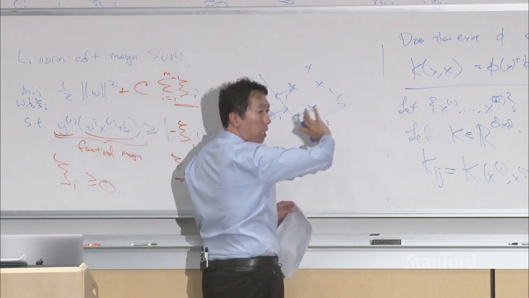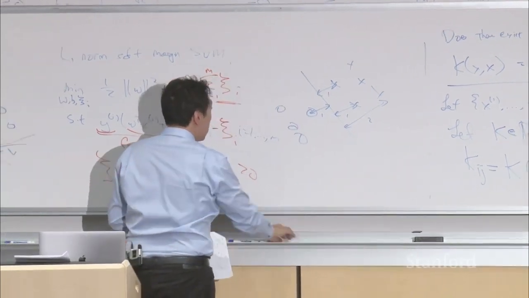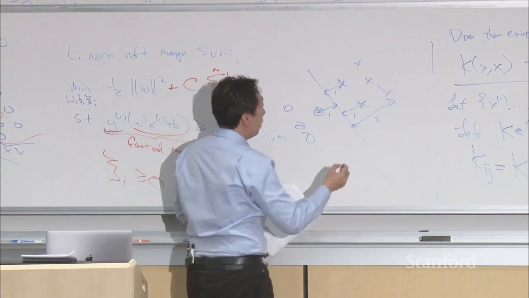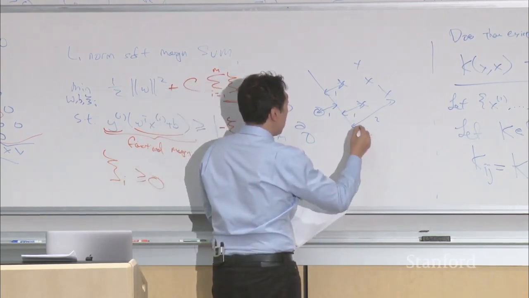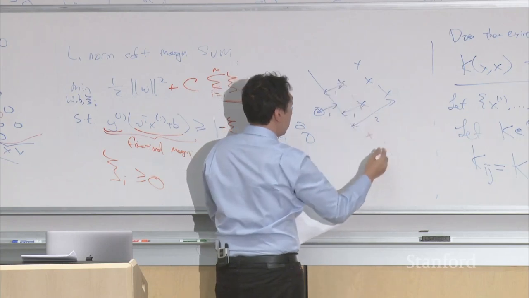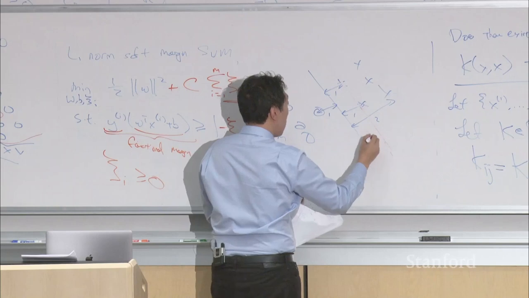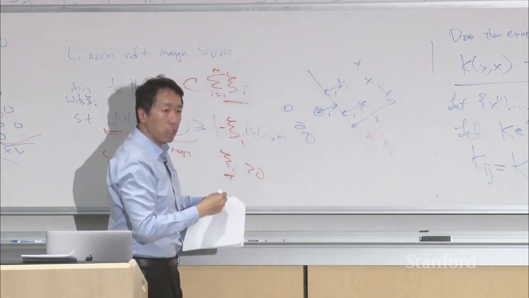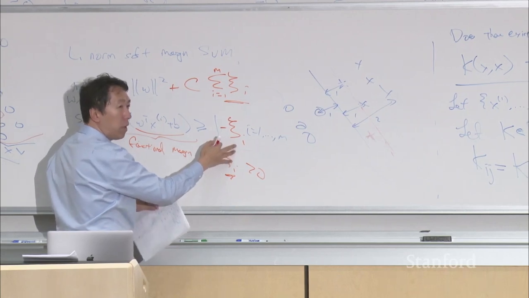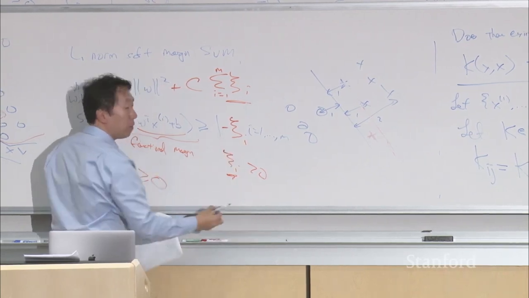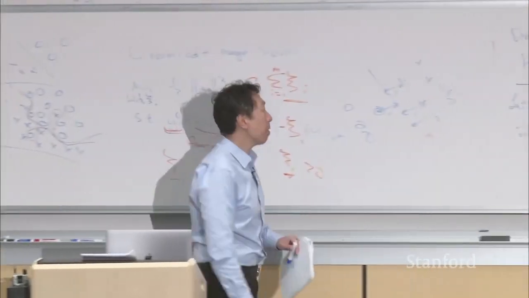And the further away examples have even bigger functional margins. What this optimization objective is saying is that it is okay if you have an example here with functional margin a little bit less than 1, and by setting ξ_i to 0.5, say, it is letting you get away with having functional margin a little bit less than 1.